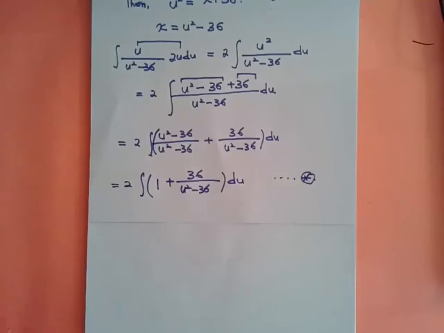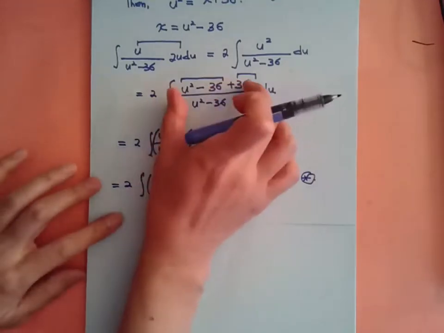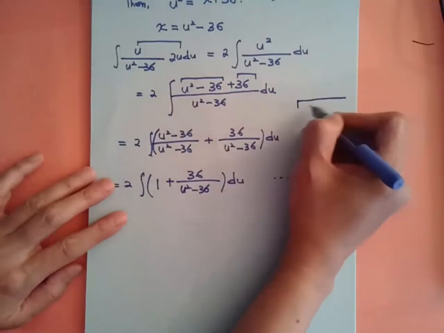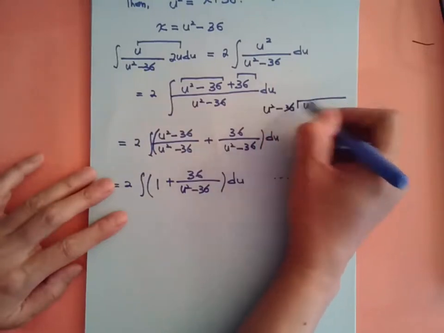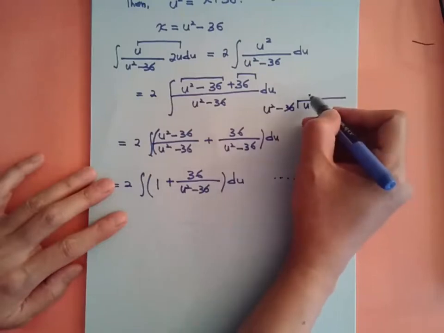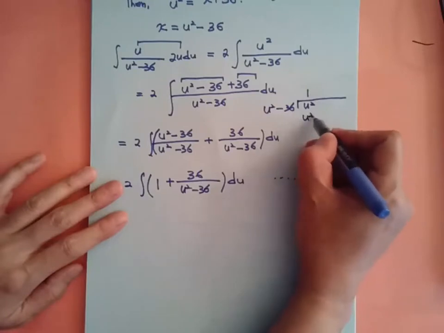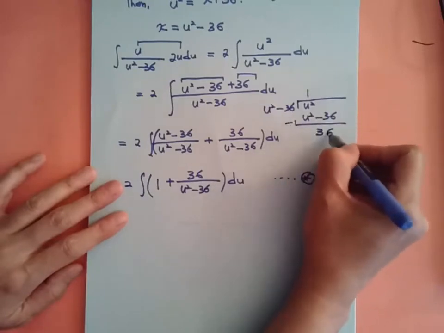Why did we add 36 to the numerator? Because we want to split that like this. Otherwise, you can just do long division of u squared by u squared minus 36, and then you have 1, and then u squared minus 36, and if you subtract, you will get 36.